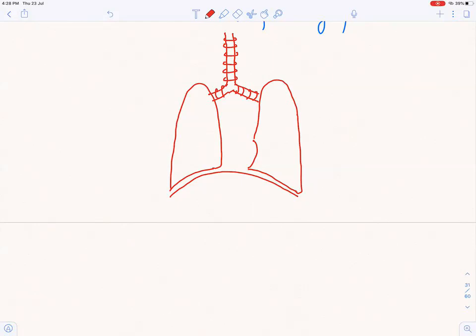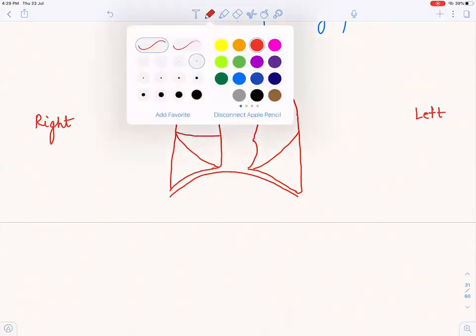To understand this, you need to know one thing: in the lungs there is an oblique fissure. There is this oblique fissure on the right and on the left. And in the right lung there is also one more fissure, the median fissure.